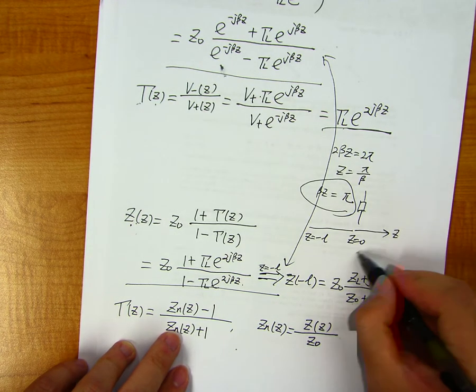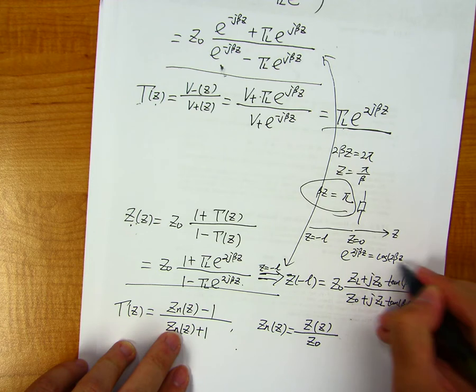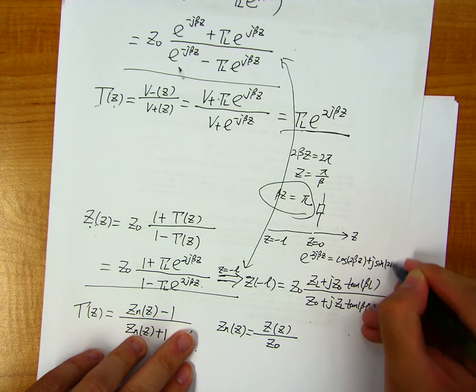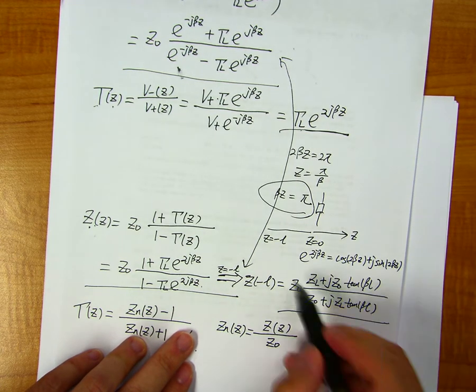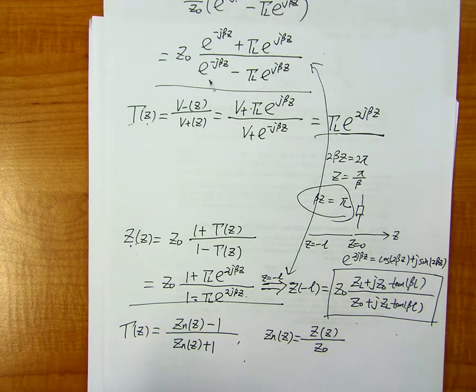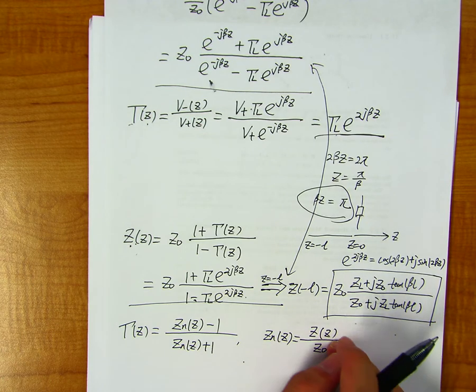Here we just used that e to the 2j beta z is equal to cosine 2 beta z plus j sine 2 beta z. We can get this alternative expression for Z of z. Because usually we set the positive z-axis to point to the right-hand side, so we have z equals negative L on the transmission line, and this is the expression in that case.